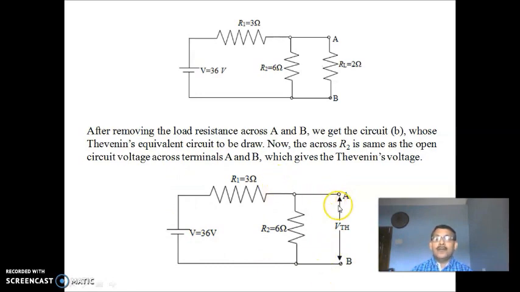circuit can be drawn. Now, we can calculate the voltage across the resistance R2, and this voltage will give the Thevenin's voltage. Using Ohm's law for this closed circuit, I can calculate the current.